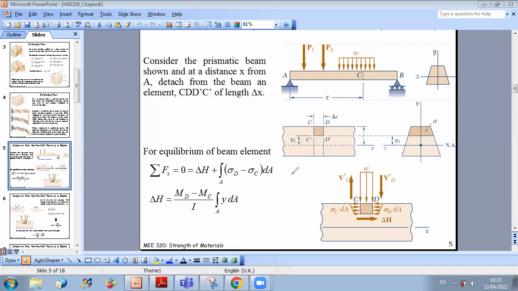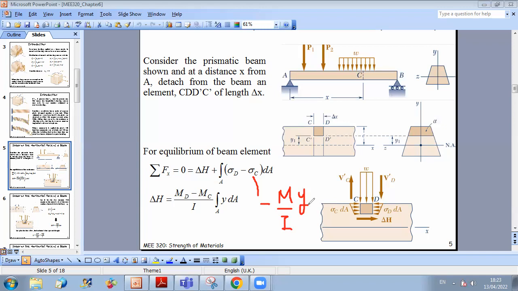0. And now I know that I can replace sigma by minus M over I times y. This is from the previous chapter.